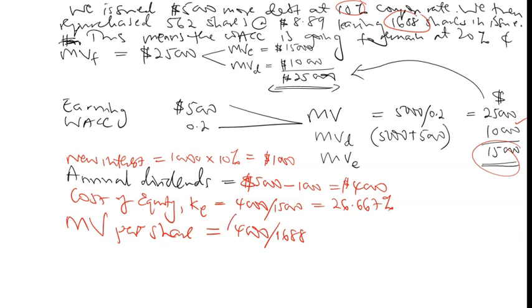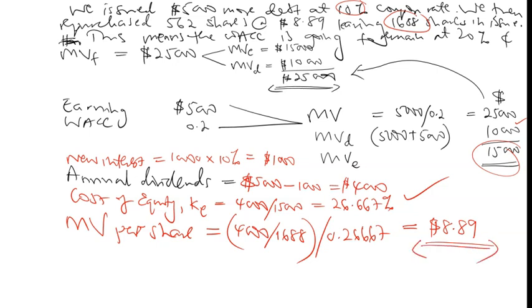All right, so this is our D. And what is our KE? Our KE is this figure. So divided by KE, the KE is 0.26667, excuse me. And you must get your $8.89.